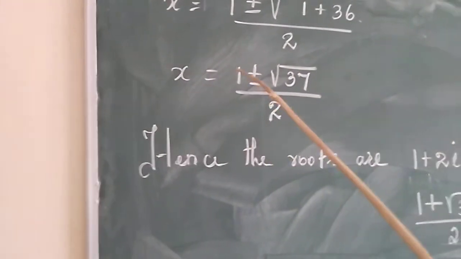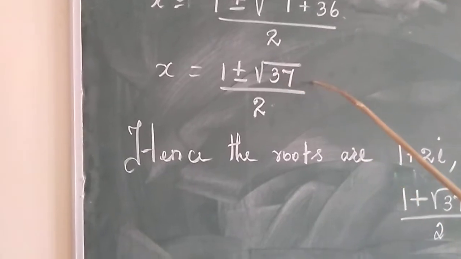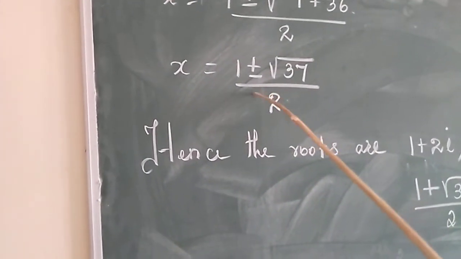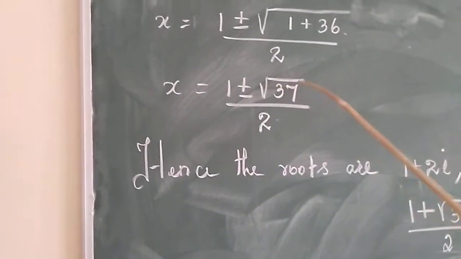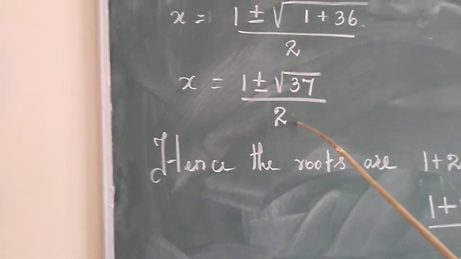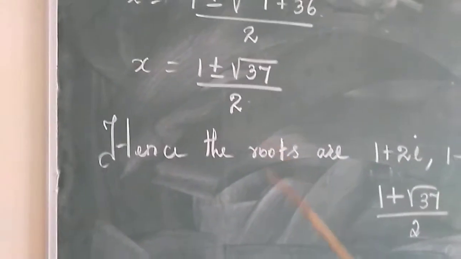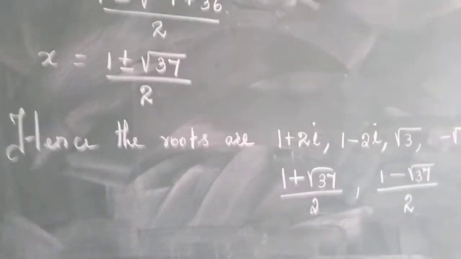Now x equal to 1 plus or minus square root of 1 plus 36, which is 37, divided by 2. Now we found two more values of x, that is 1 plus square root of 37 divided by 2, and another one is 1 minus square root of 37 divided by 2. And finally we found all 6 values of x, that is called the roots.